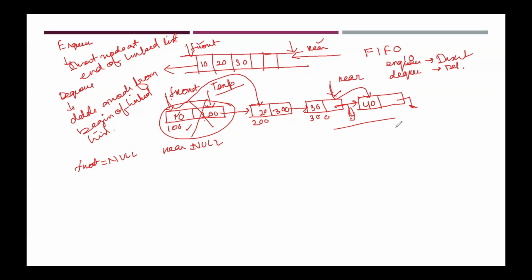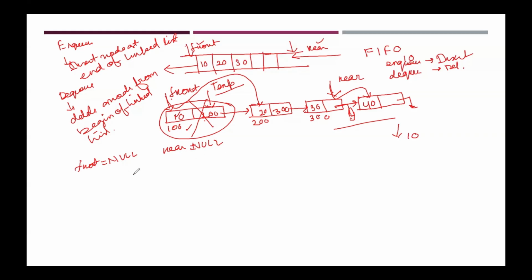Whenever we are creating the node, for example, this linked list we want to create. For example, we enter the value 10. We have to store it in a queue. Right now our queue is empty, so we check front equal to null and rear equal to null. Then our queue is empty; there is no element present inside the queue.